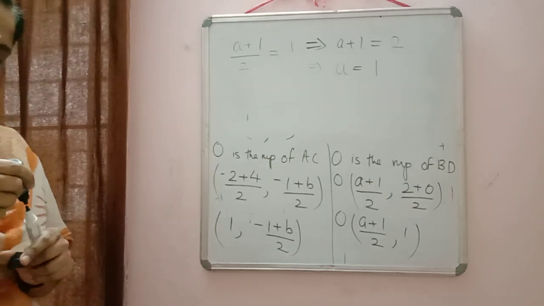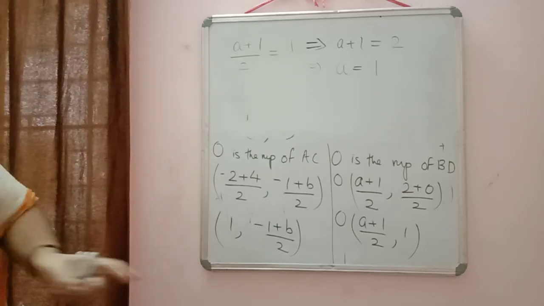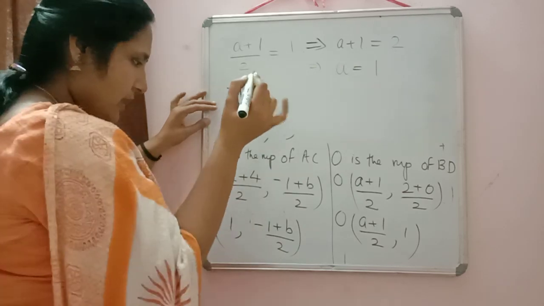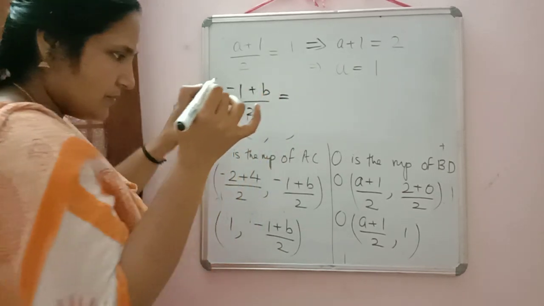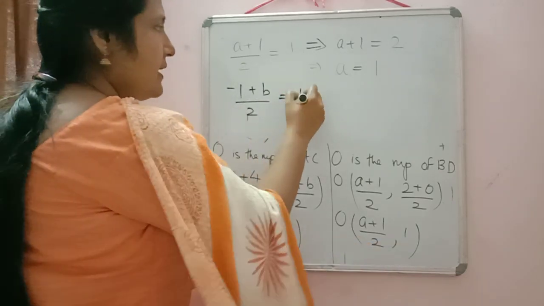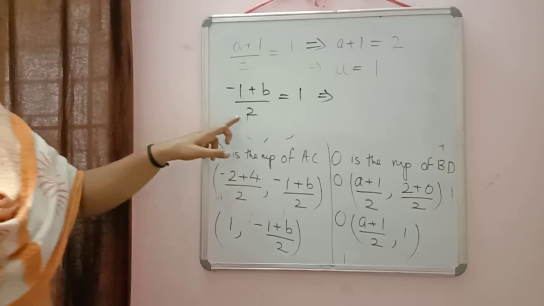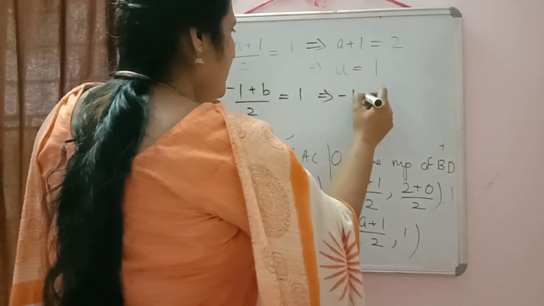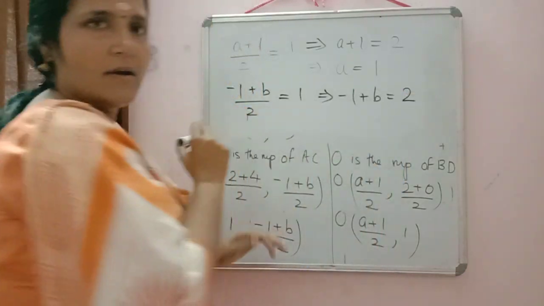In the same way, now we will equate the y coordinate there. Y coordinate we have (-1 + b)/2 is equal to, here y coordinate is equal to 1. So now 2 we will shift to the right hand side, then it will be equal to -1 + b is equal to 2 into 1, 2.